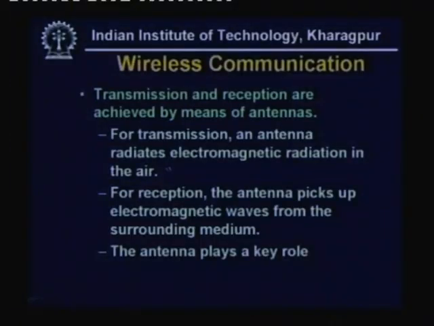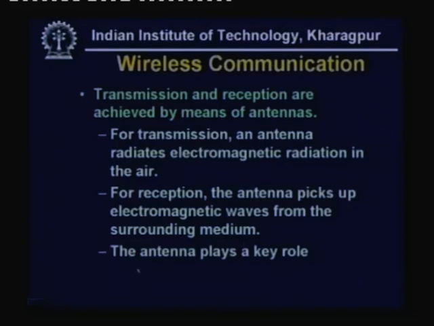So for transmission, what we require? An antenna that radiates electromagnetic radiation in the air, and for reception we also require another antenna that will pick up electromagnetic waves from the surrounding media.